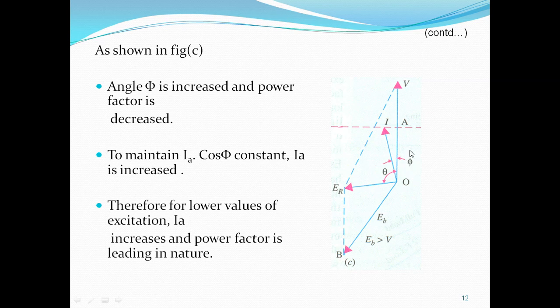When cos pi decreases, IA increases, because I into cos pi product is constant. This is the vector diagram for over excitation, whereas EB is greater than V. This shows the vector diagram for leading power factor when the excitation is more.